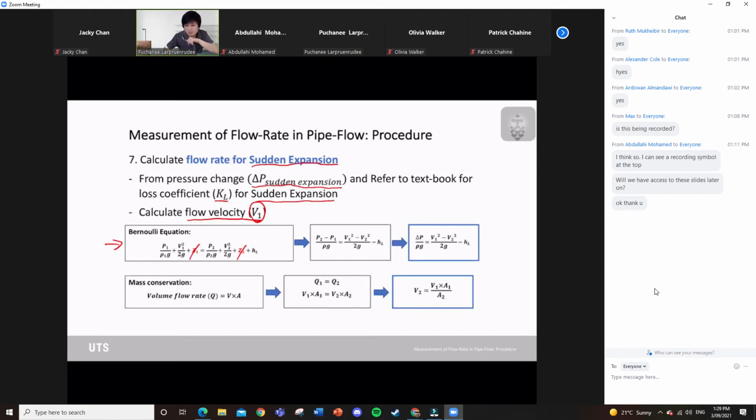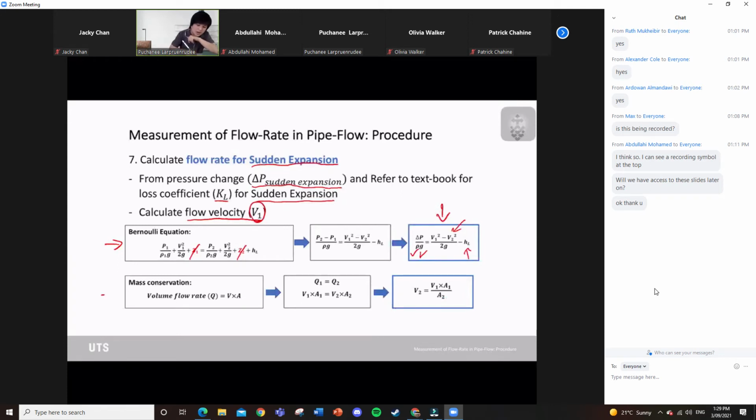Then simplify it, we will get this term, final term. So we need to find V1. In order to find V1, delta P we already know, density, gravity, we already know about this. We don't know V2 and we don't know HL. It means that we need to find V2 and we need to find HL.